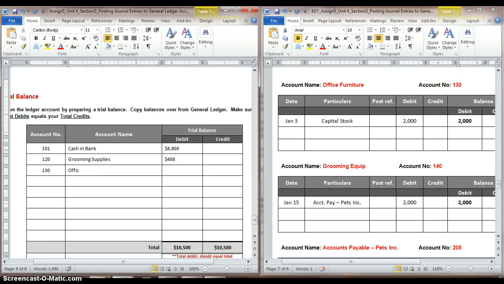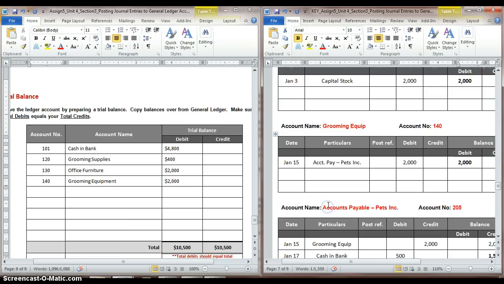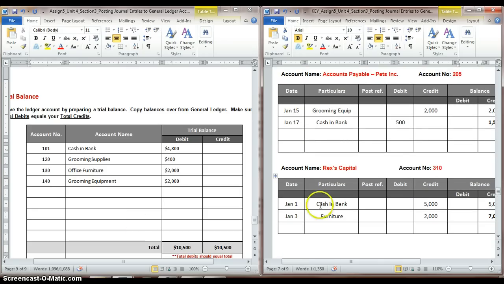This is for office furniture, and we have a debit balance of 2,000. Then we look at the next one, account 140, grooming equipment, debit balance also of 2,000. Pretty easy stuff so far, nothing really too tricky yet.